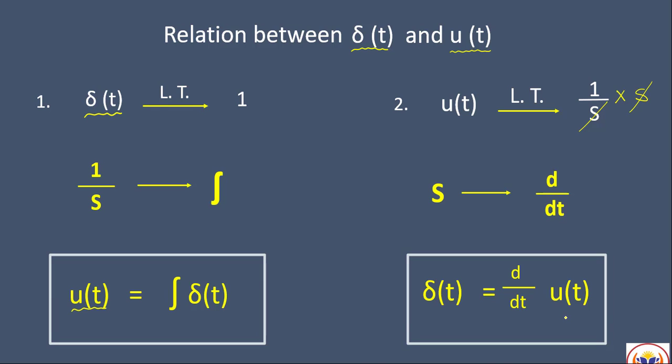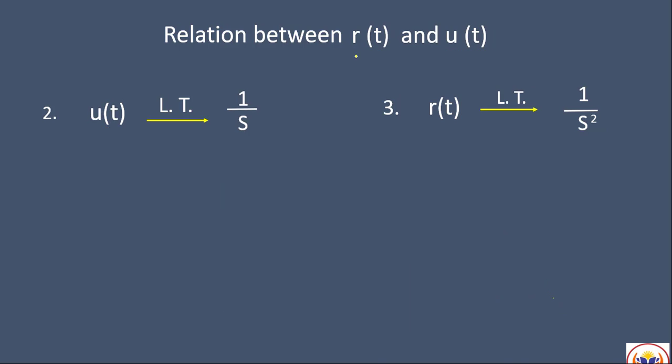Now let us see the relation between the ramp signal r of t and the step signal u of t. We know the step signal u of t has Laplace 1 by s, and the ramp signal r of t has Laplace 1 by s square.